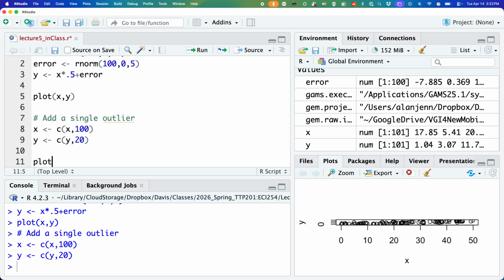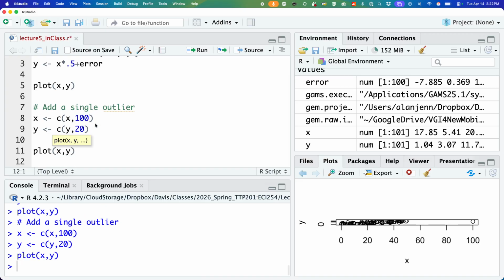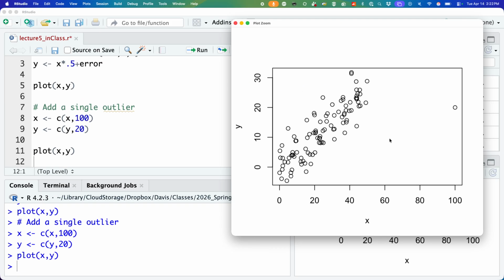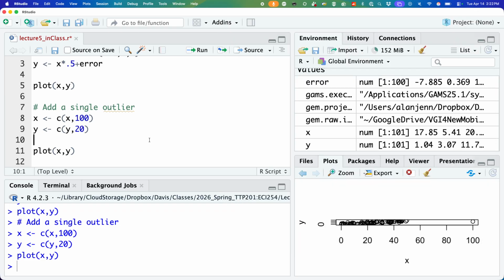And if I plot this again, we'll see where that outlier shows up. Okay, so I replot everything, and now I have this crazy point way out here that's likely going to influence my results in some way.